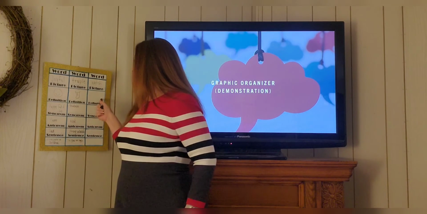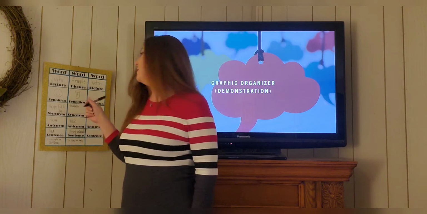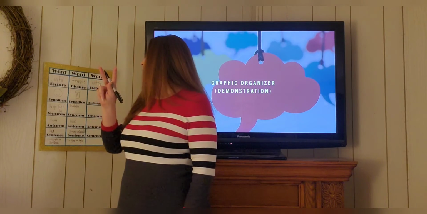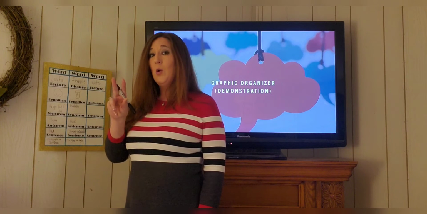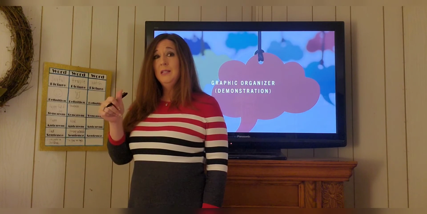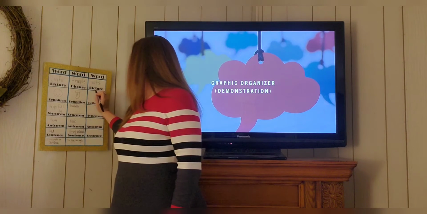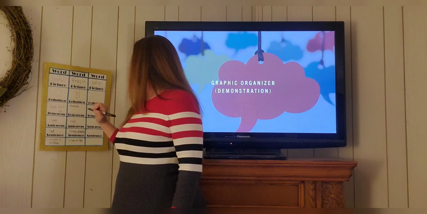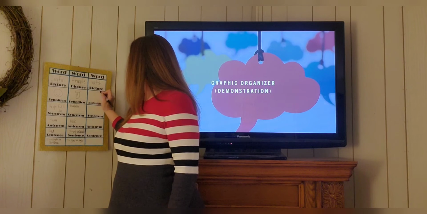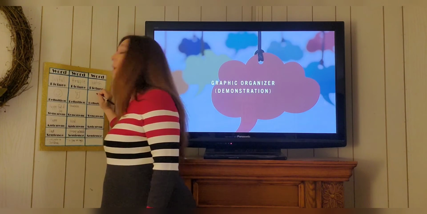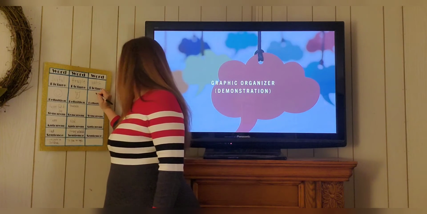For the picture, we can use one of two different methods. Because this word has two meanings, one is a noun, and one can be a verb or an adjective. So for my picture, I'm going to use the watch.